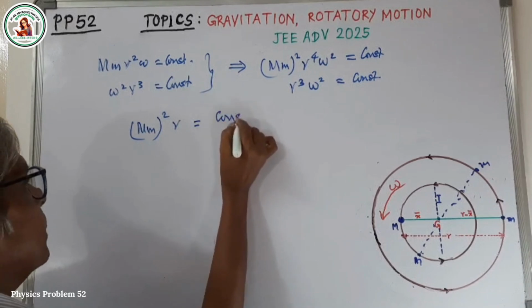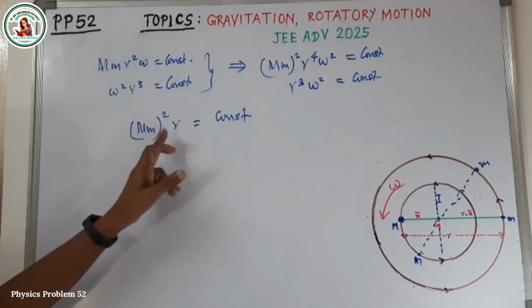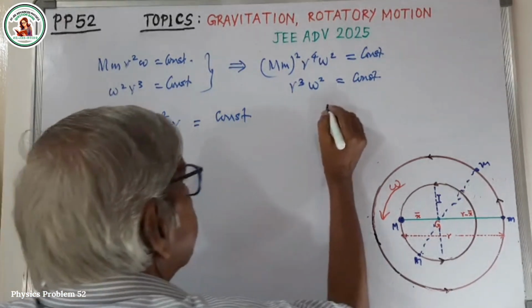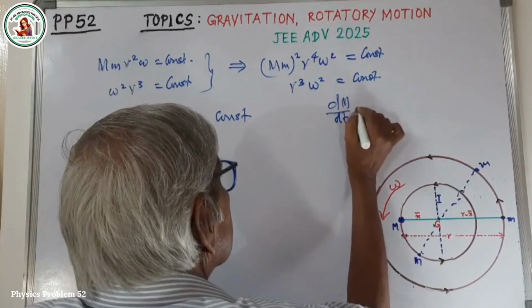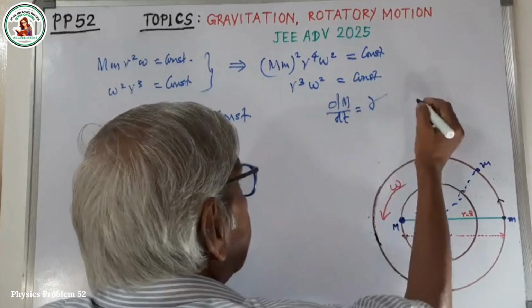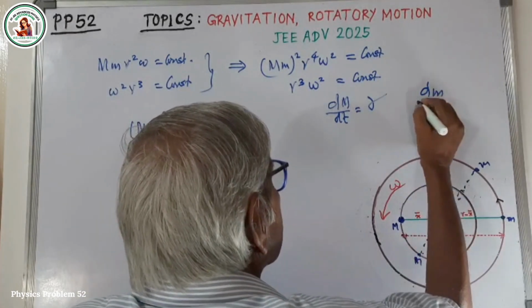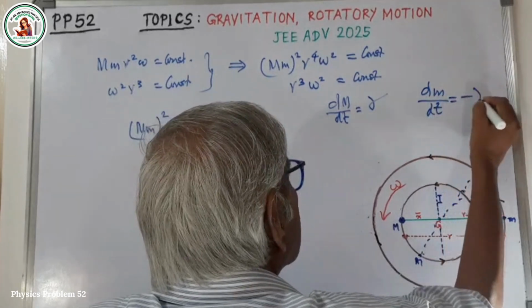This very simple expression we are getting in terms of the variables. Masses vary and r also varies, where the masses vary such that dM by dt is gamma, and this extra mass is coming from the smaller star. So dm by dt is minus gamma.